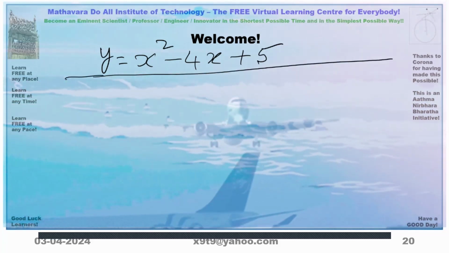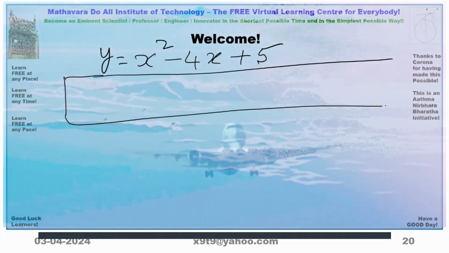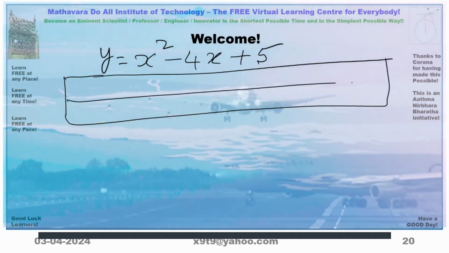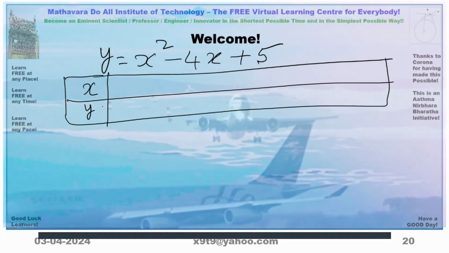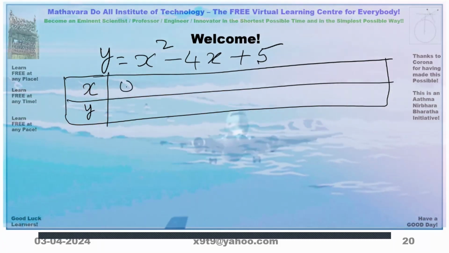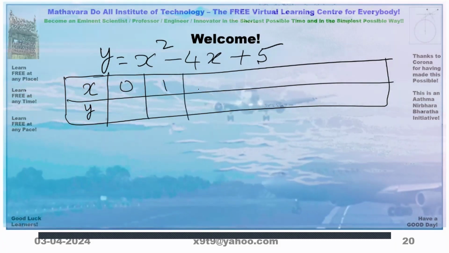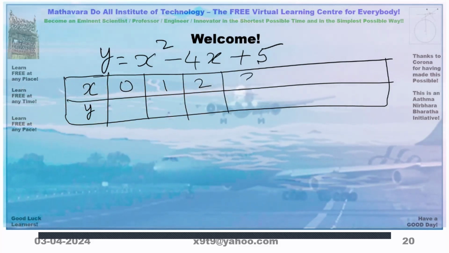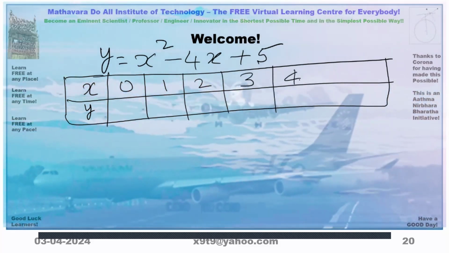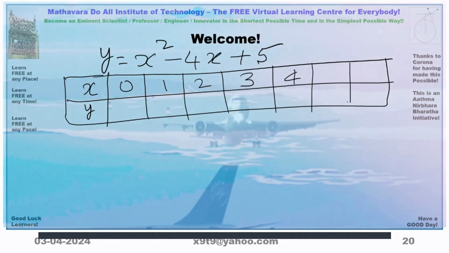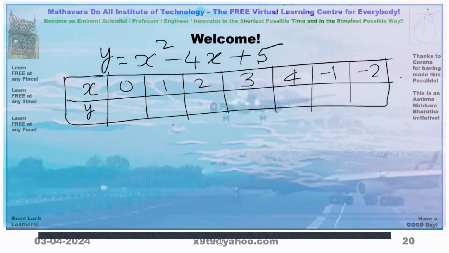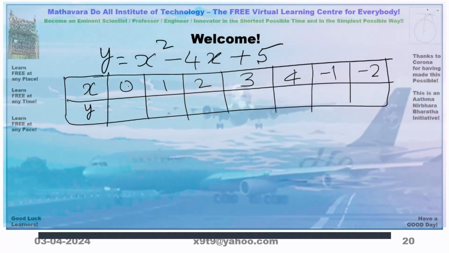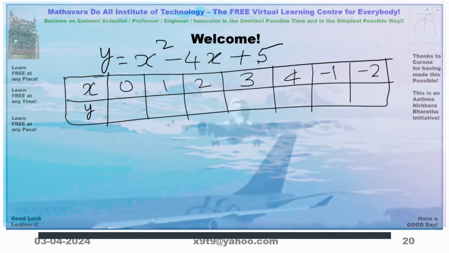So, if we plot the values of x, y, let us put 0, 1, 2, 3, 4. Maybe if necessary, we can take -1, -2 also. Now substitute x is equal to 0. This will be 5 we will get.